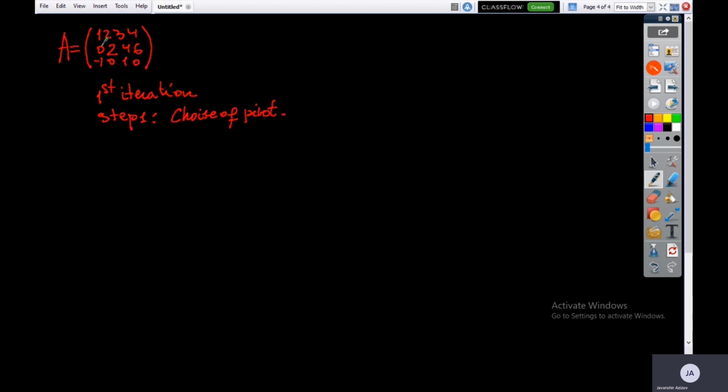Let's look at the first element. Pivot is 1. It's true. Because of this, we move to step 2.